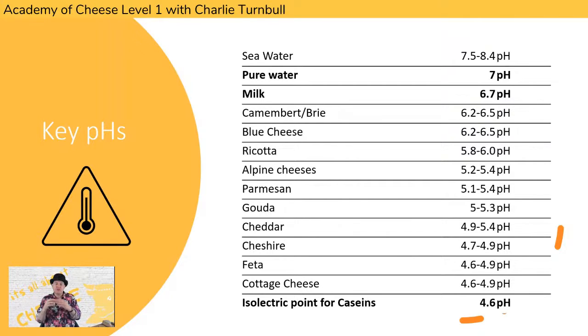We then move up to Cheshire, crumbly cheese, 4.7 to 4.9. Moving up again to cheddar and Gouda, 4.9 up to 5.3, hard cheeses. And then we get up into our hard cooked cheeses, 5.1 to 5.4.